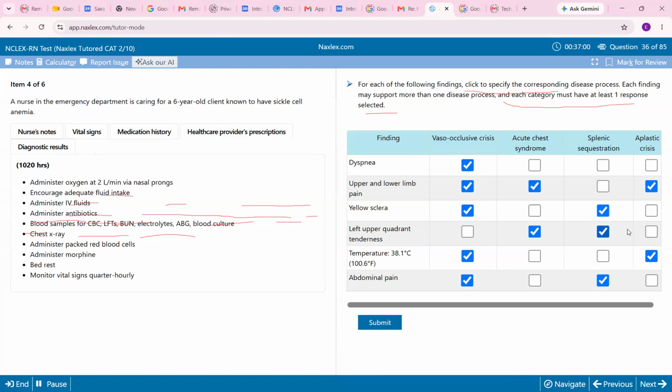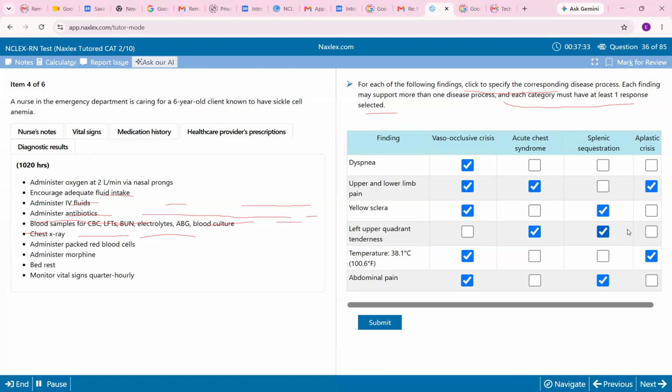Here the sickled RBC is already blocking the blood vessel. When it blocks the pulmonary vessel, it causes acute chest syndrome. The main signs and symptoms are fever, chest pain, dyspnea, and cough, and since the pulmonary vessels are occluded, the client will show hypoxia symptoms, tachypnea, and crackles.